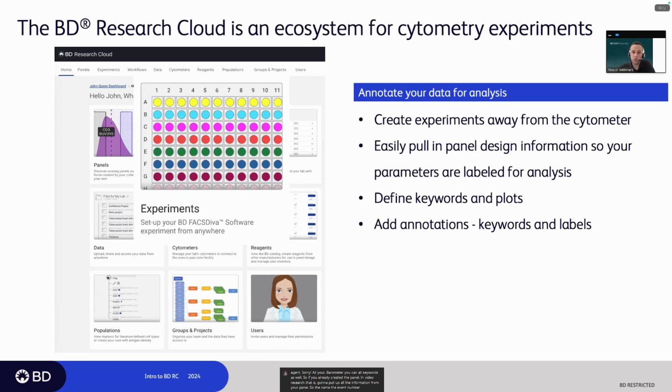You're going to be able to add some keyword if you want on it, just to make it easier to annotate your sample. You're going to be able to adjust the PMT voltage as well. Even if you don't see the data, but you know exactly what PMT you need to use, you can adjust that, and you're gonna be able to create all your dot plot and gate away from the instruments.